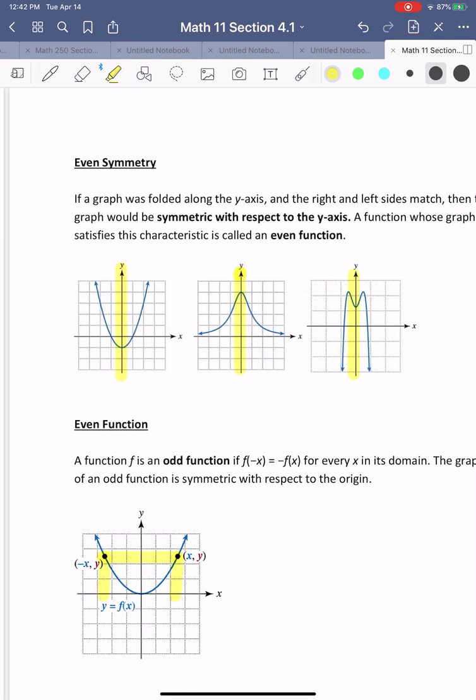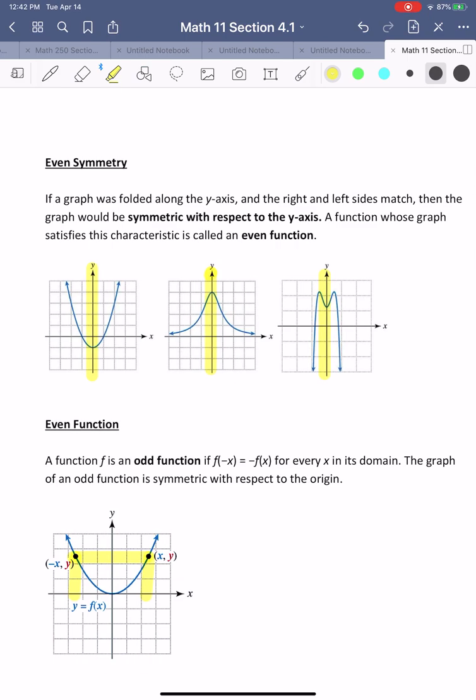Previously, I think I messed up in here. A function is an even function if f of x equals f of negative x, okay? And the graph of an even function is symmetric with respect to the y-axis.